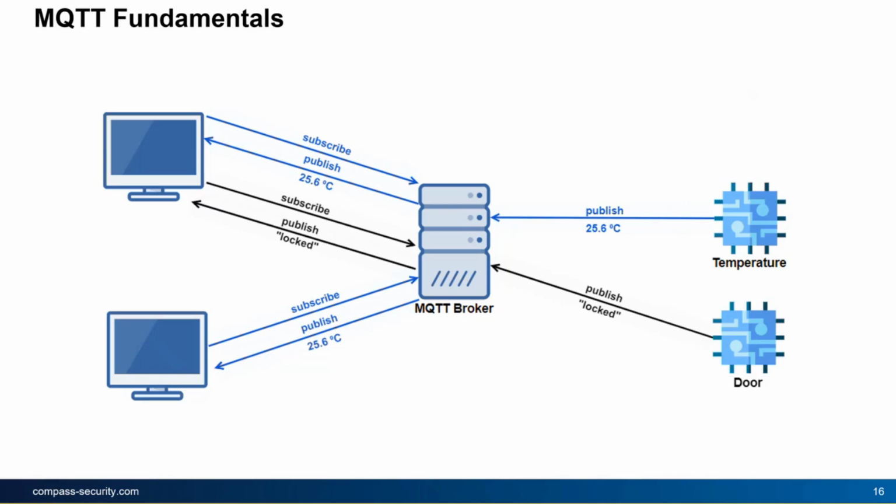And on the right side, we now have our temperature sensor, which publishes such a packet, and in there it sends the value 25.6. This value will then be sent from the broker to any device which has subscribed to this topic. In this case, we have 2 devices, so both of them will receive this value.